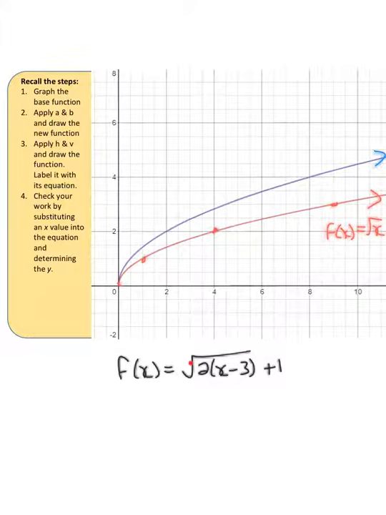So again, a is 1, so there's no vertical stretch or compression or reflection in the x-axis. b is positive 2, which means there is a horizontal compression by a half, which means all of the x values are going to be divided by 2 or halved. And that means they're going to be half the distance away from the y-axis.